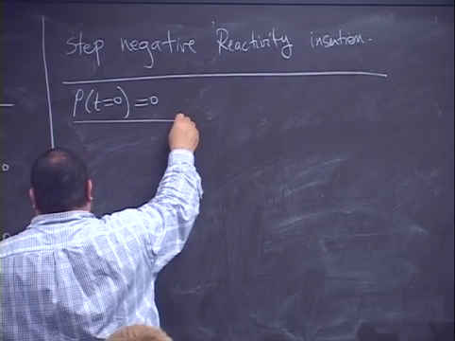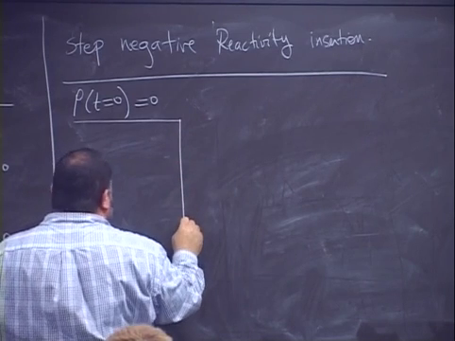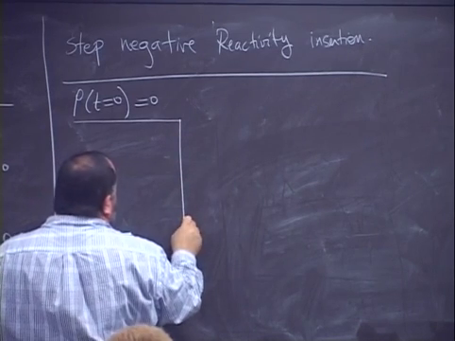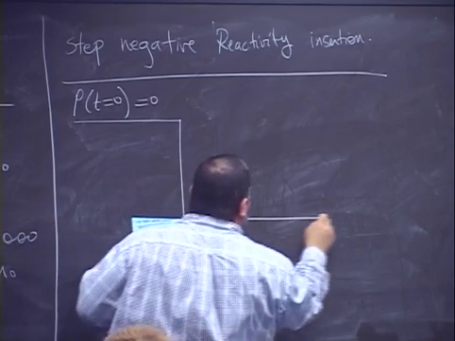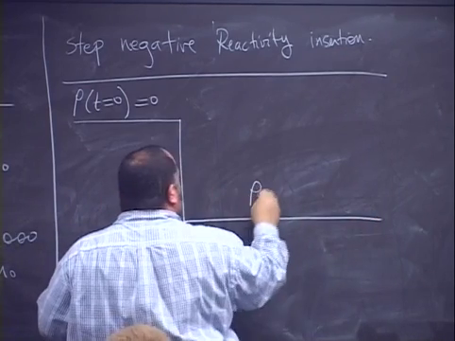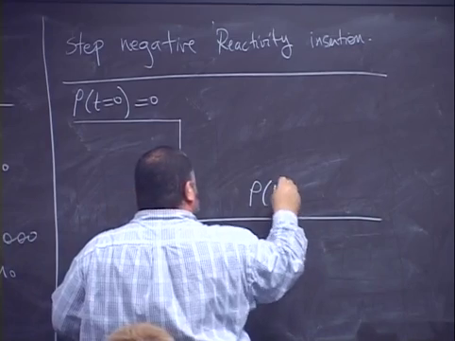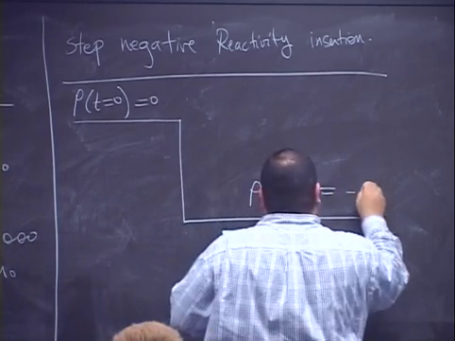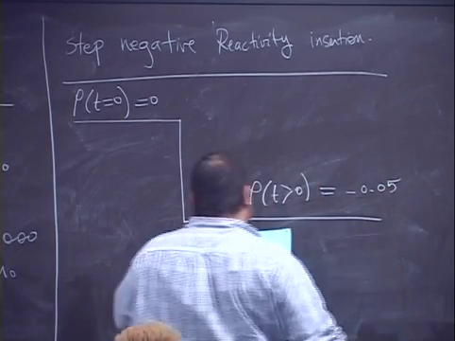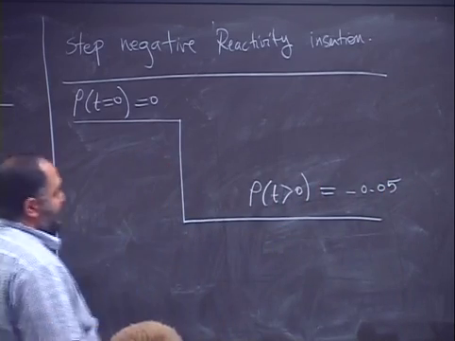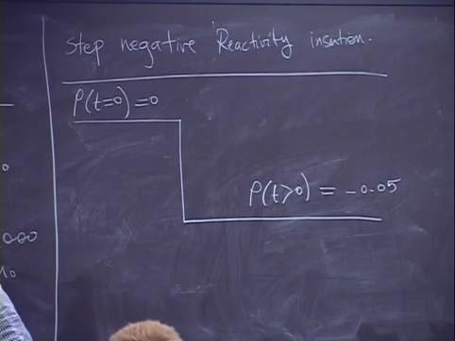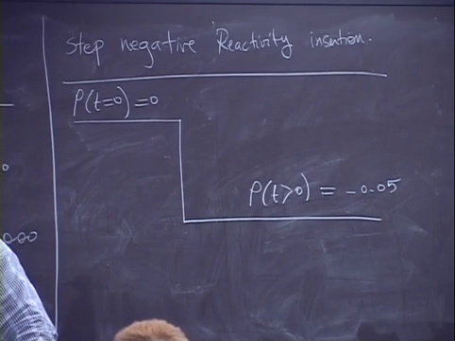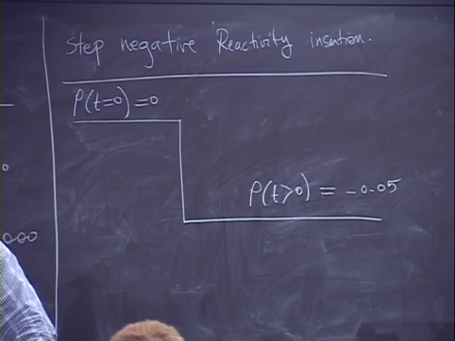Then at t equal to 0, you drop your control rod a certain amount inside the core, and for t greater than 0, your rho is equal to negative 0.05. The beta is 0.008.